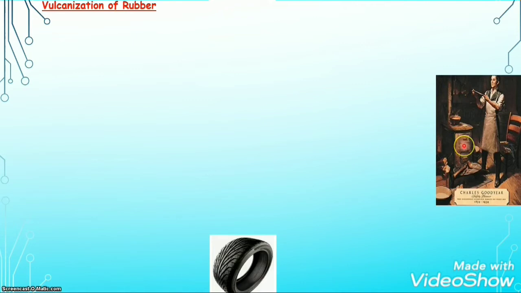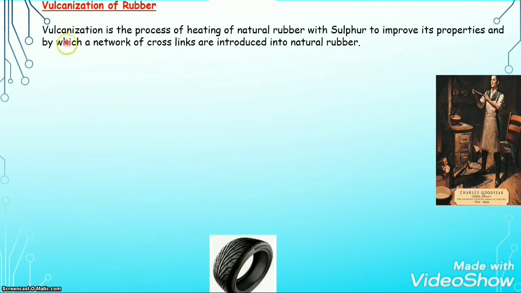Due to this, properties of natural rubber improved. So, students, how do you explain vulcanization of rubber? Vulcanization is the process of heating of natural rubber with sulfur to improve its properties and by which a network of crosslinks is introduced into natural rubber.